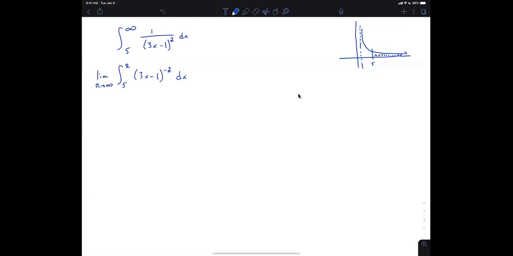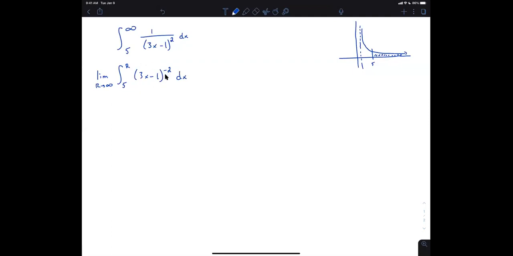And r is something like 100 billion or 100 billion squared or 100 billion factorial, something incredibly large. But we want to know what happens as r approaches infinity. And now r is just an actual number, and so then we can evaluate this like normal.